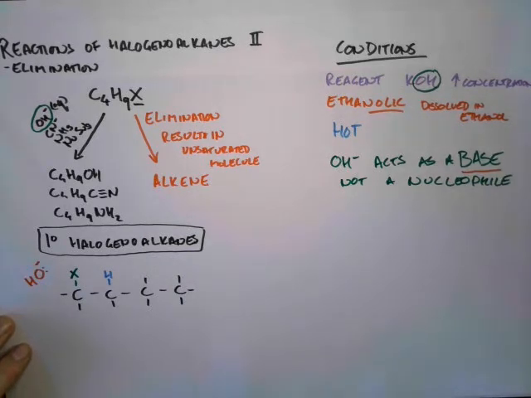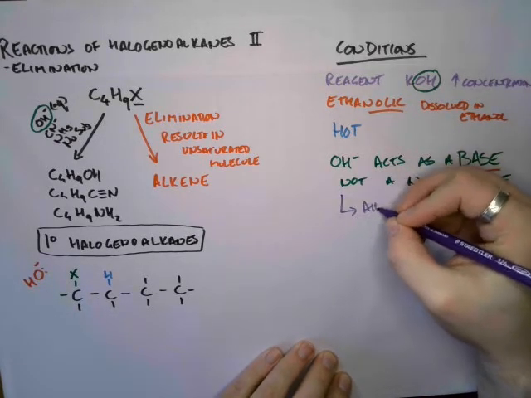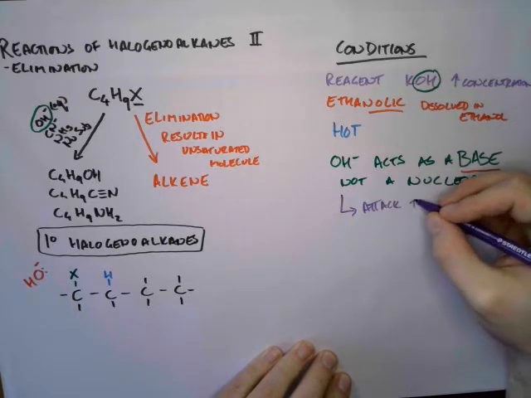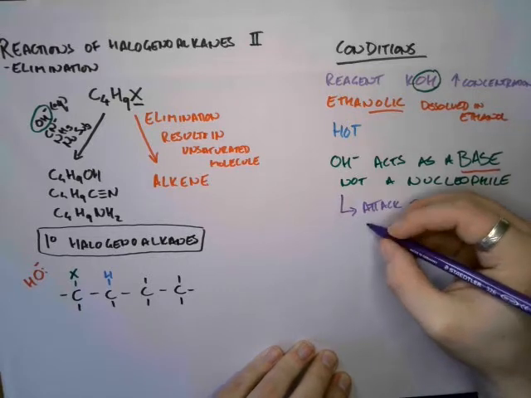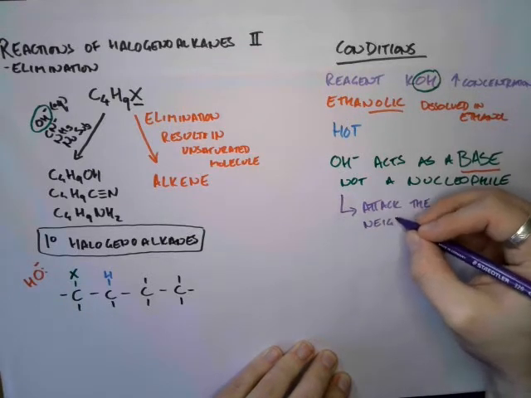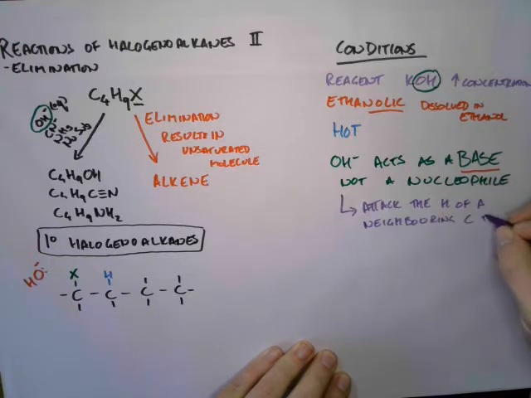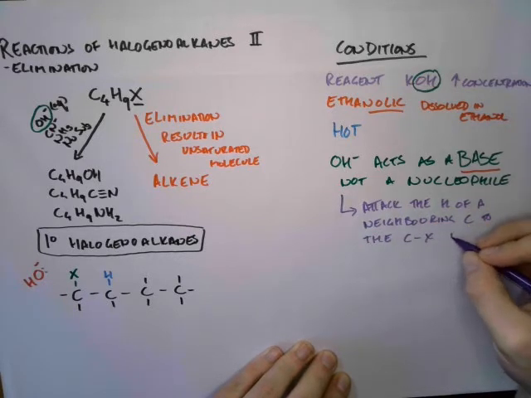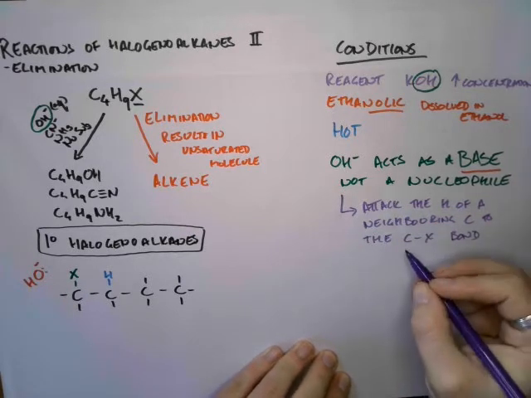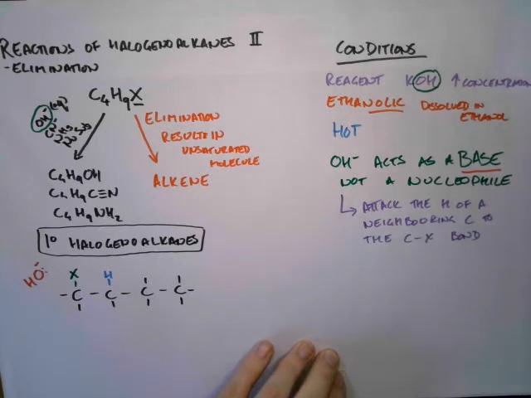And what it's going to do as a result is attack the hydrogen of a neighbouring carbon to the CX bond. We might describe this as your alpha carbon, or a beta carbon, so it'd be a beta hydrogen. You might see this terminology in other places.